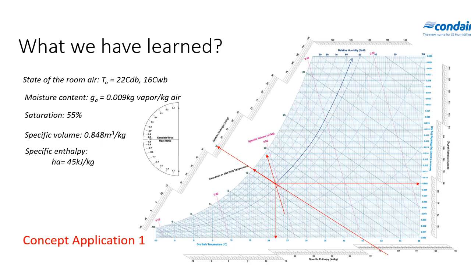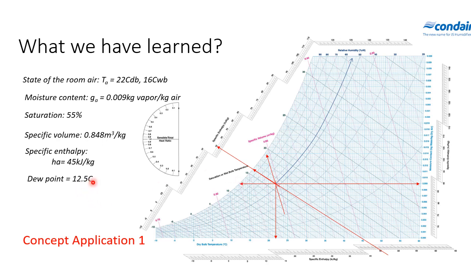Let's see the last but not the least. From this point, let me use the laser pointer. From this state of room air, if we cool it, reduce the temperature, previously we couldn't see the vapor, and then at this point we start to see the mist. Or if the room has a surface at this point, 12.5, we start to see surface dew appear.